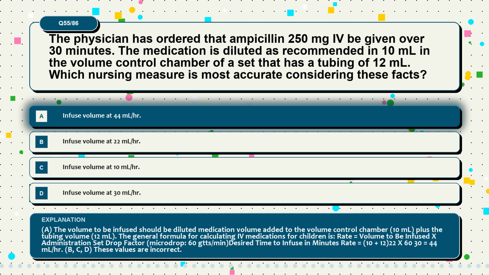The general formula for calculating IV medications for children is rate equals volume to be infused times administration set drop factor, microdrop 60 gtts/min, over desired time to infuse in minutes. Rate equals 10 plus 12, 22, times 60 over 30 equals 44 ml/hr. B, C, D. These values are incorrect.